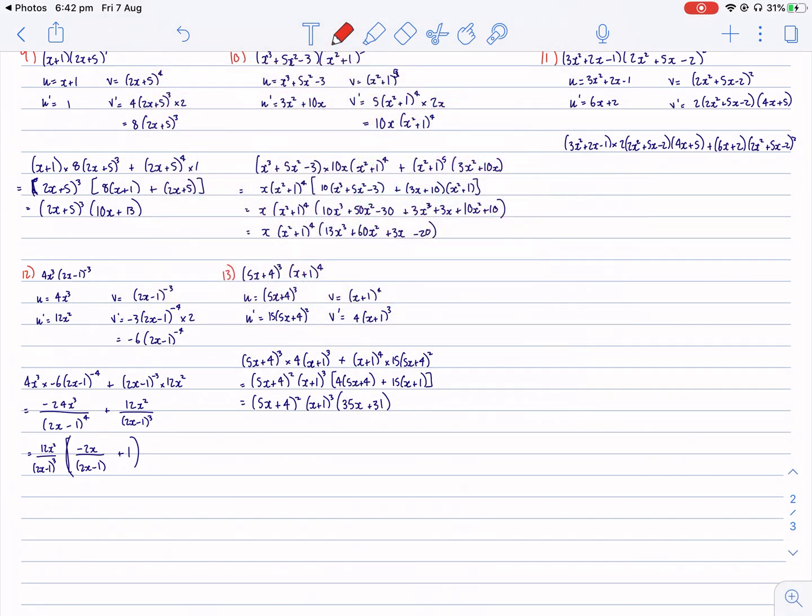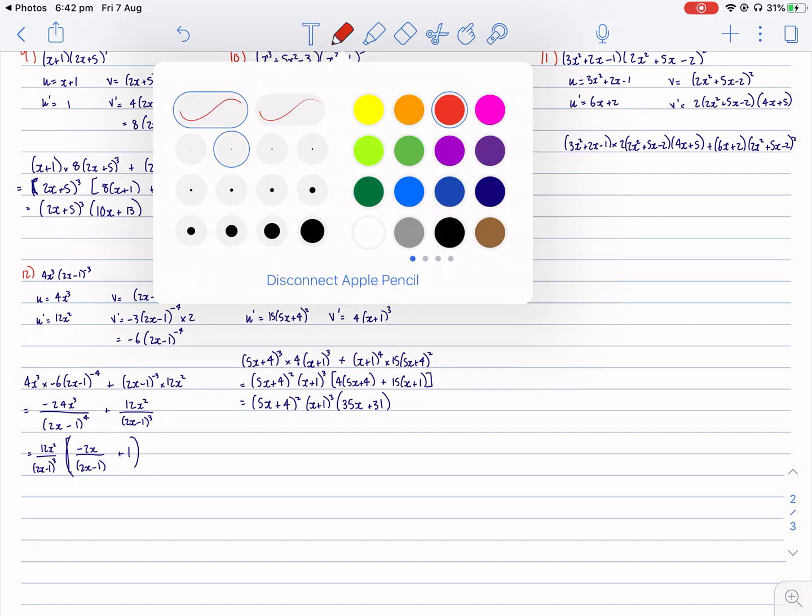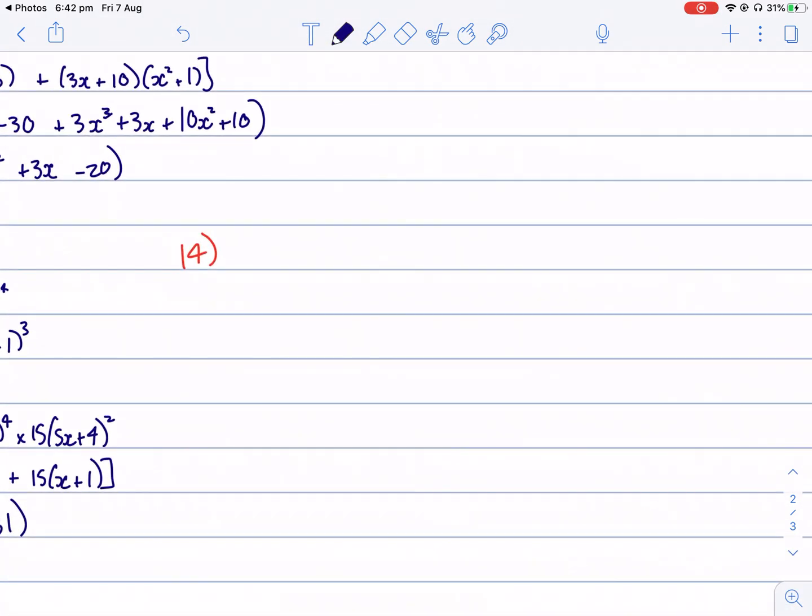And question 14. Again, just an annoying working out question. 2x squared plus x, take 7 to the 5, 3x, take 4 to the 7, u dash, v dash.